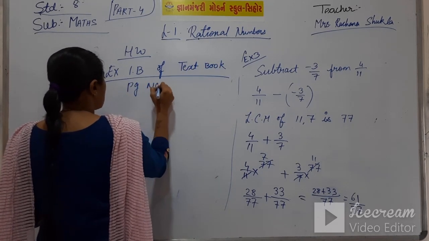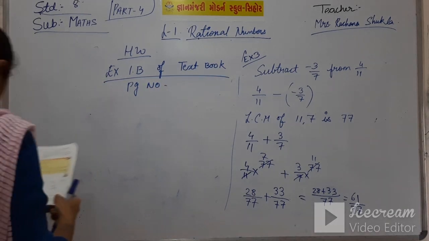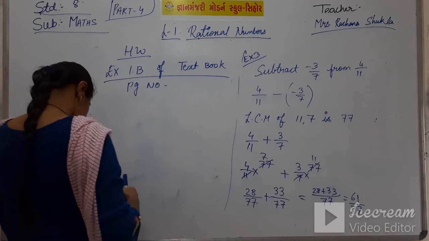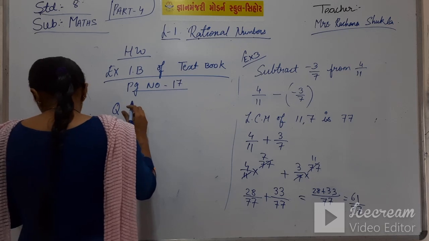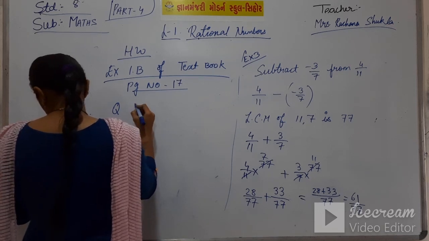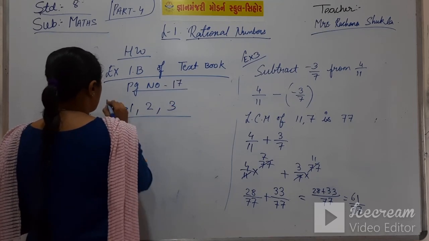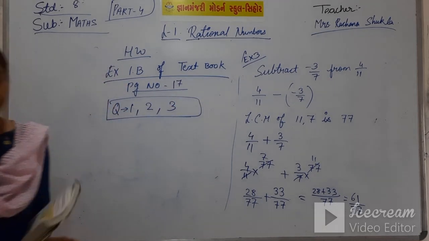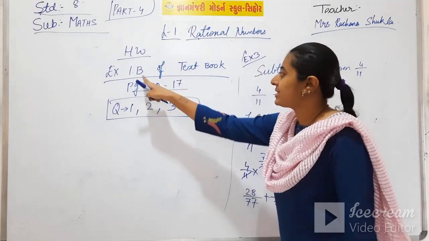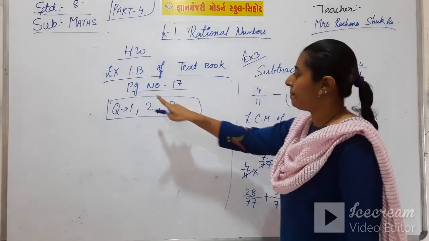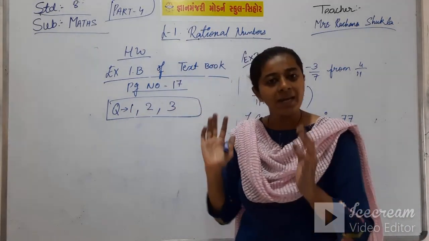page number, I am writing the page number also. Page number 70, question number 1, 2 and 3. See, look here, exercise 1B of your textbook, question number 1, 2 and 3, very easy questions.